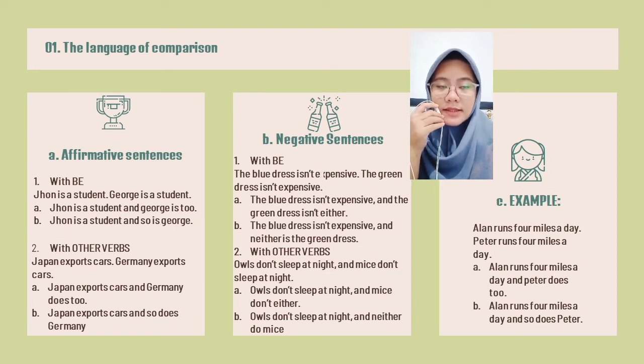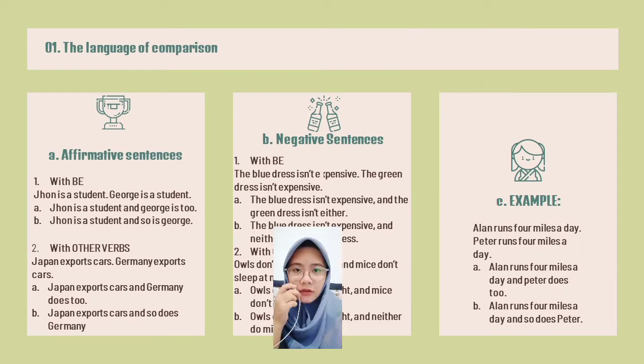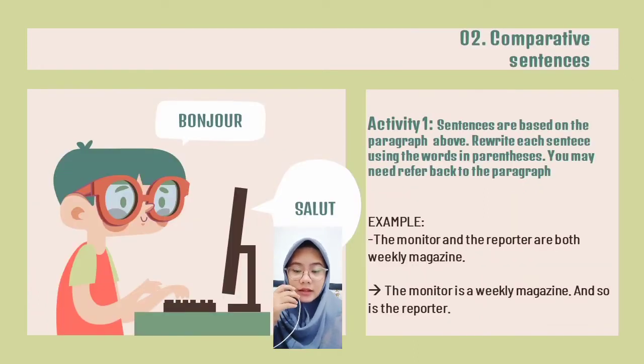So the example for this material is Alan runs 4 miles a day, Peter runs 4 miles a day. So we can match: Alan runs 4 miles a day and Peter does too. Alan runs 4 miles a day and so does Peter. Right, now I will explain the second point, which is about comparative sentences.